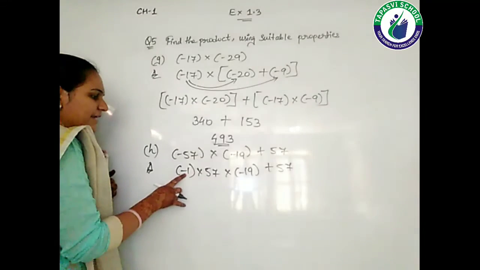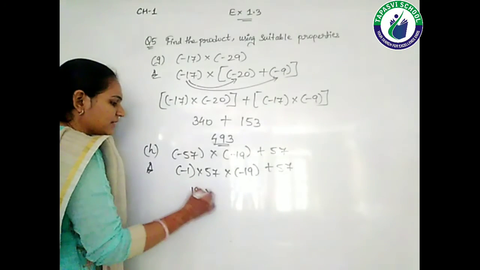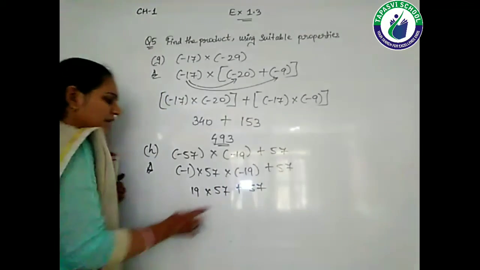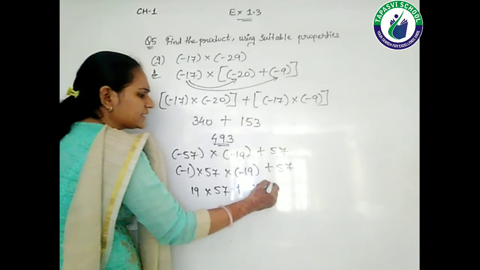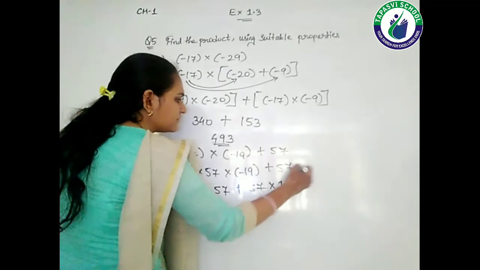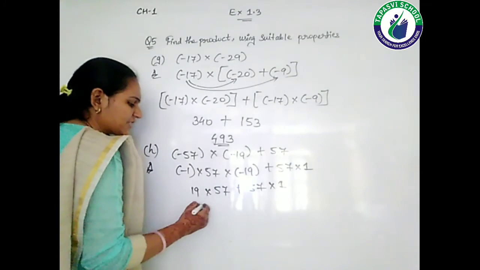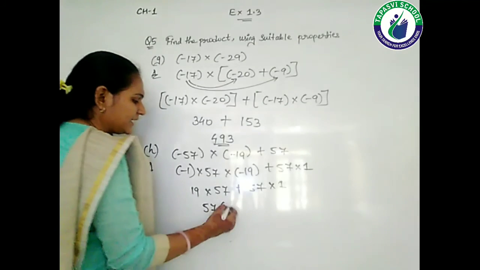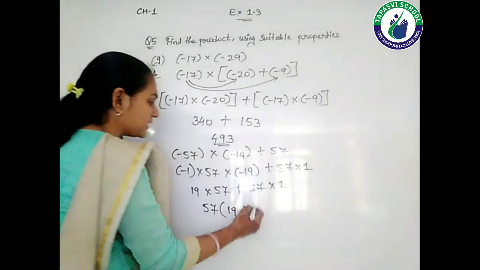Now see, minus 1 and minus 19, if you multiply them it becomes 19. Multiply by 57 plus 57. Now if you don't have anything here in the second multiplication, you can consider it as a 1. So from both multiplications we can take 57 outside, students. So what remains inside? 19 and 1. Here we are using the distributive property.